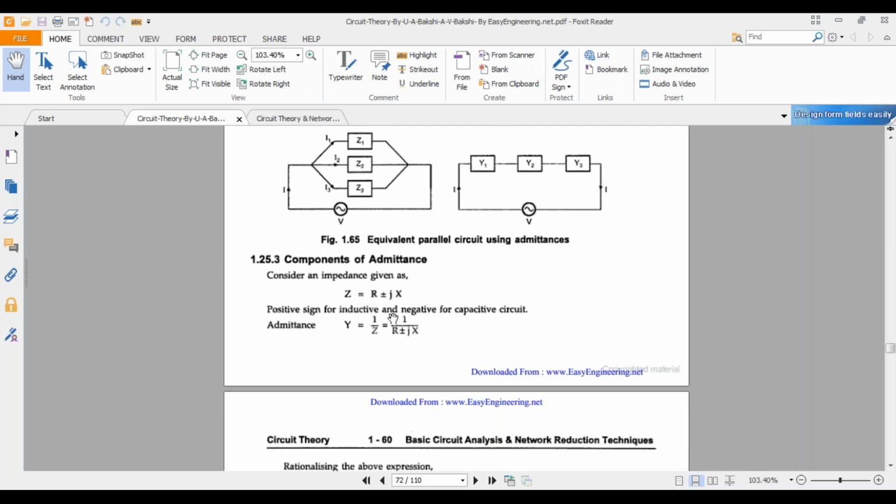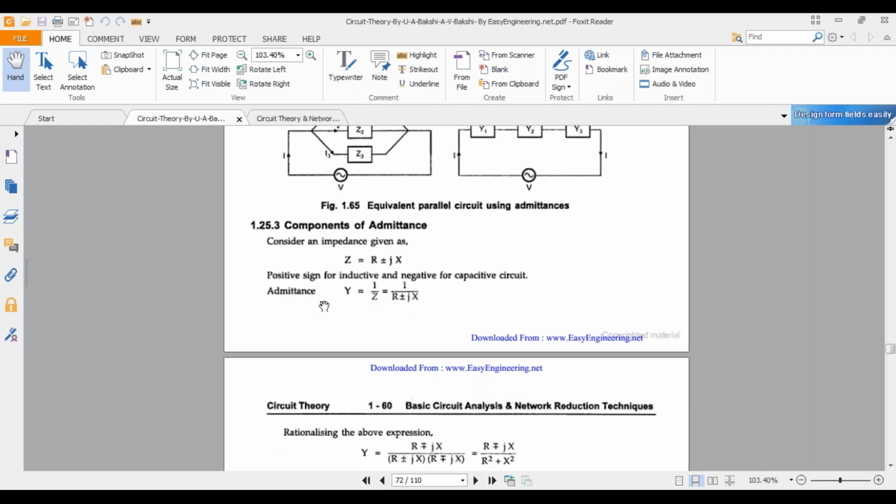And similarly, we'll define the other term called admittance Y. Admittance Y is defined as the reciprocal of Z. The reciprocal of Z is called admittance.